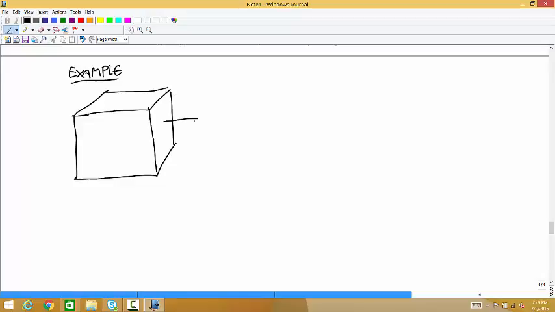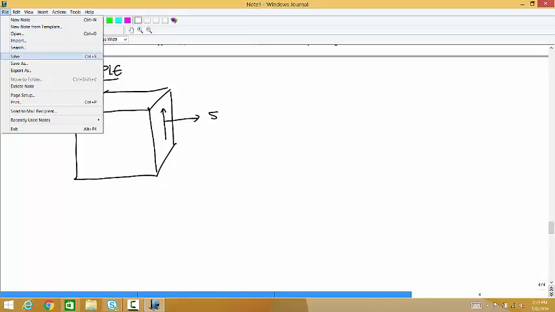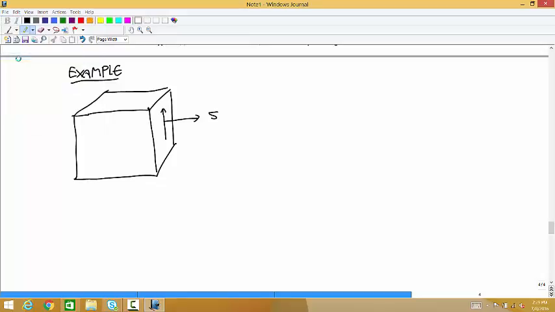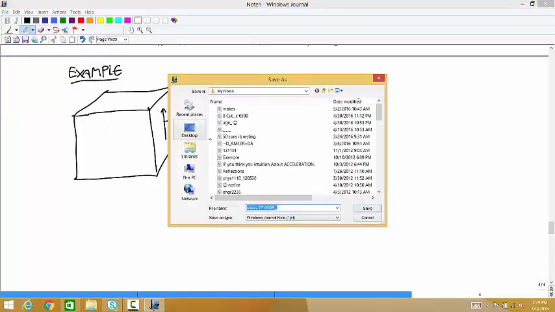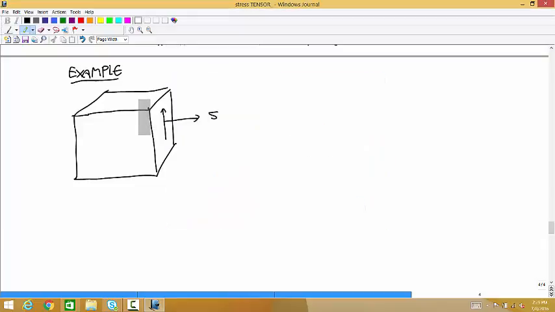We have the XX stress is positive 5. The XY stress is positive 1.